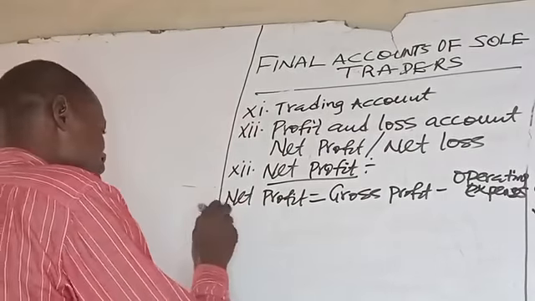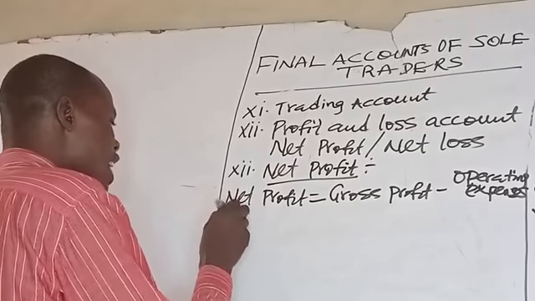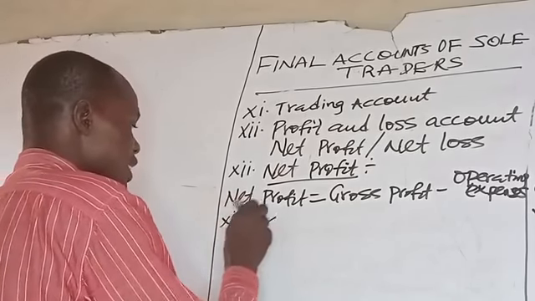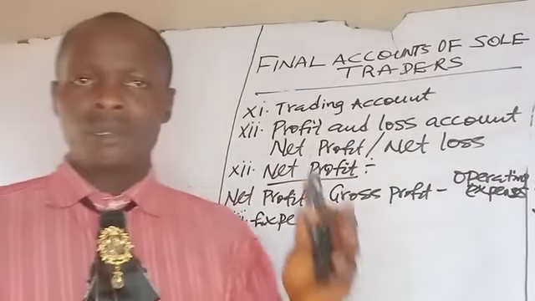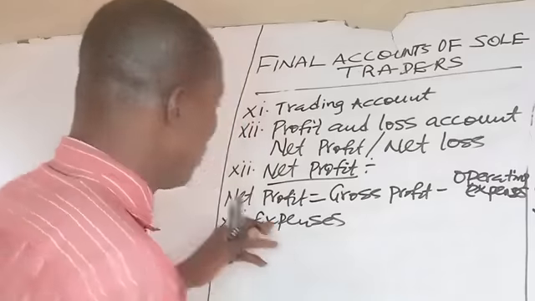Number 14. We have expenses. Expenses are costs incurred in running the business.